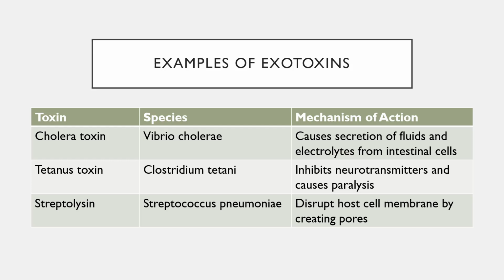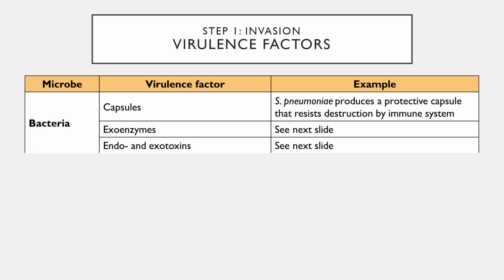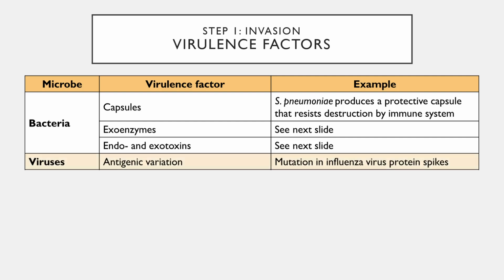Now that we've talked about some of the major virulence factors found in bacteria, we'll move on to discussing the virulence factors that are found in viruses, which mainly includes antigenic variation. We'll talk about what antigenic variation is in just a moment, but it makes sense to mention first that this is a phenomenon that we see in influenza virus.